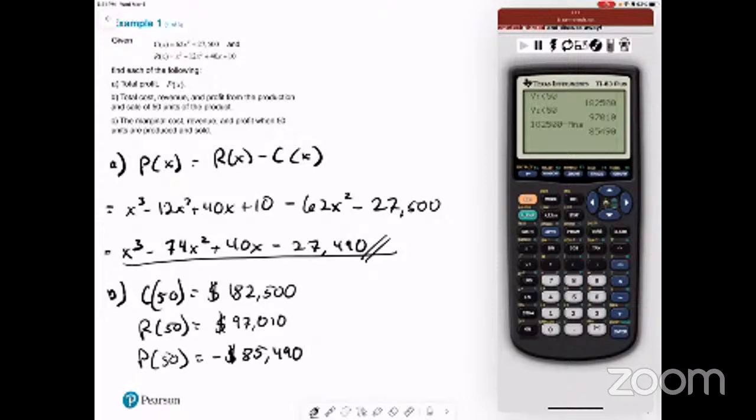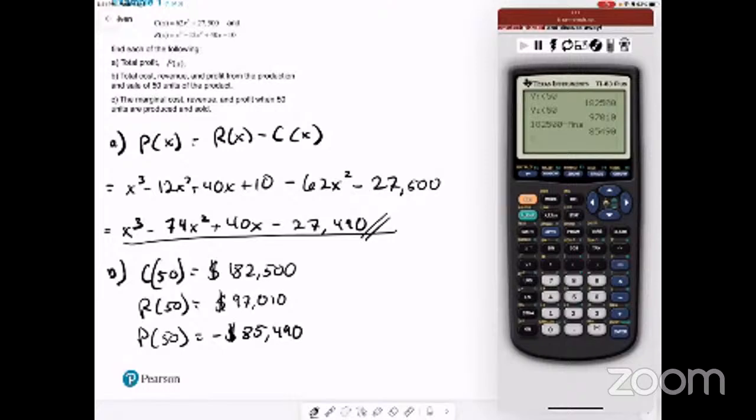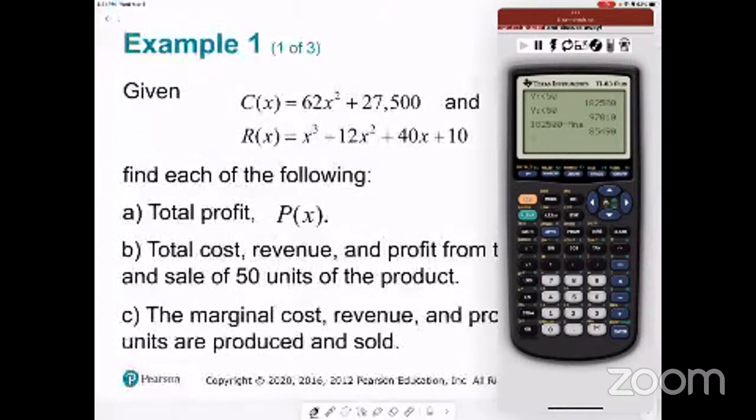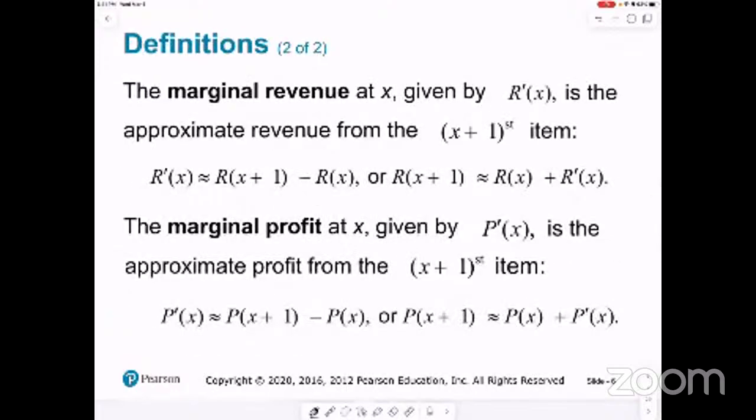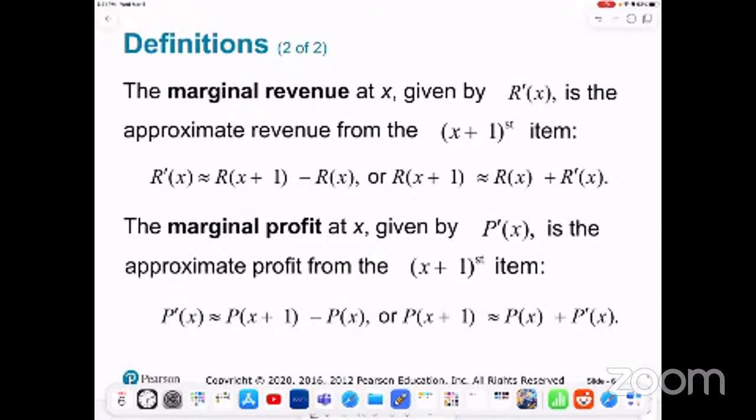Okay. So I'm just going to highlight all of this like that. Let me see. The marginal cost, revenue, and profit at 150. So on the previous slide, I think there are two ways to look at it. Let me see. Let's see. There's that sound. Let's turn it off.